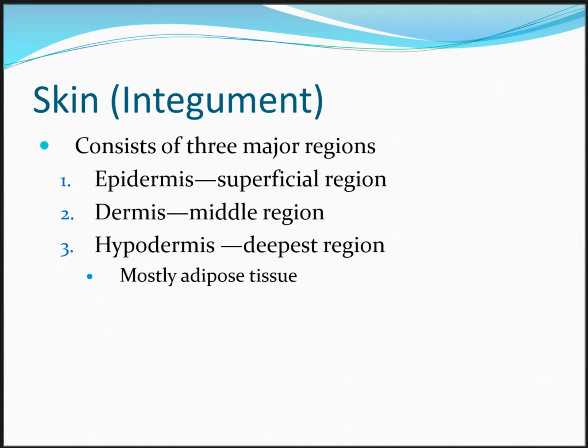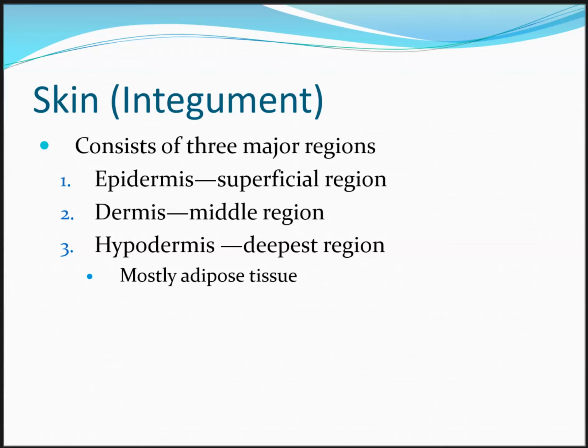And the third region, known as the hypodermis, is the deepest layer of the skin. And here the skin is rich in blood vessels. Basically, the region in between the dermis and the hypodermis is full of blood vessels.